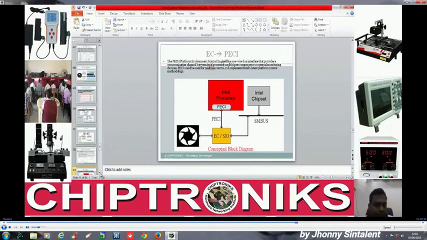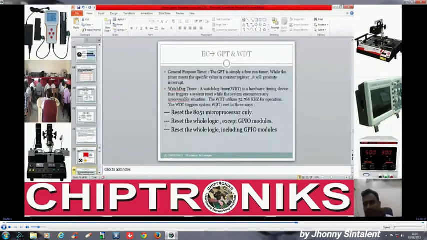So we move down to our next slide, and this is EC GPT and WDT. What is GPT? GPT means general purpose timer, and WDT means watchdog timer. Basically, inside your IO controller you have one GPT and one WDT.